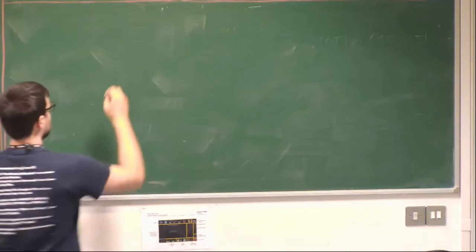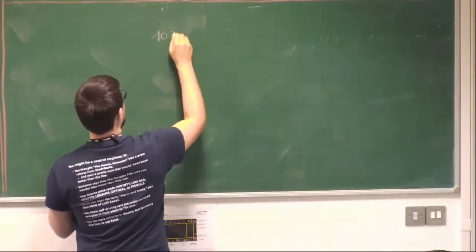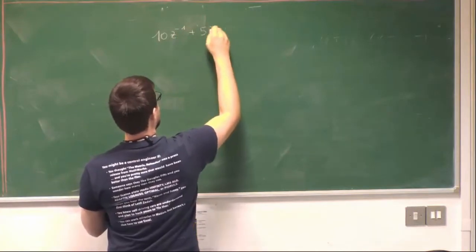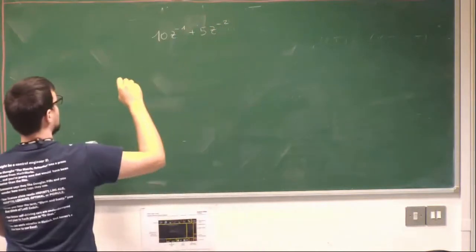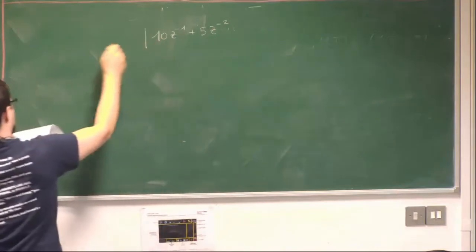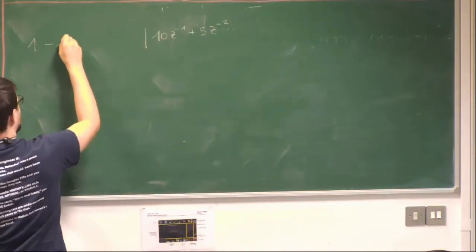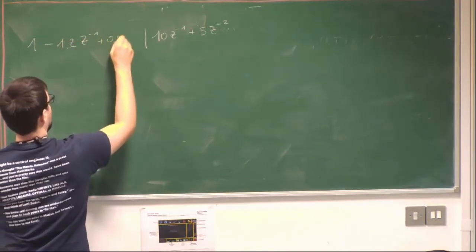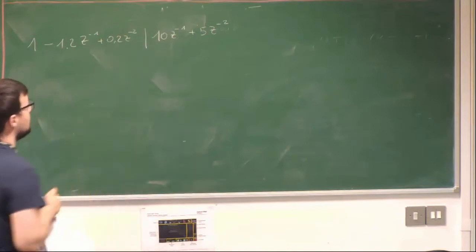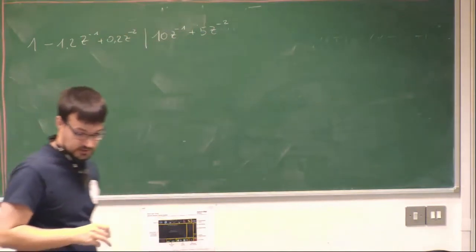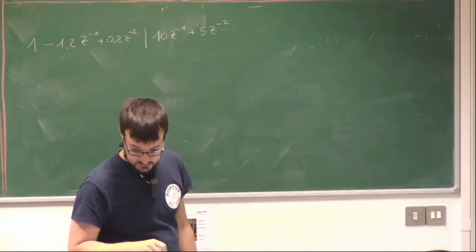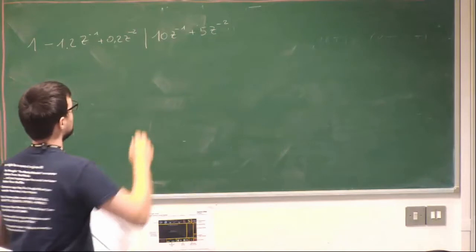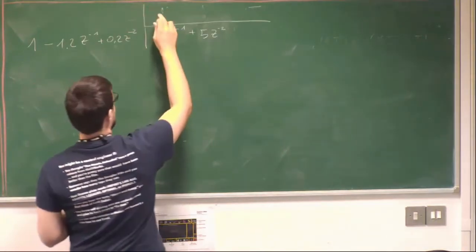We want to divide 10z^-1 + 5z^-2 by 1 - 1.2z^-1 + 0.2z^-2, where 1.2 is equal to 6/5, and 1 divided by 5 is 0.2. We write the result over here.